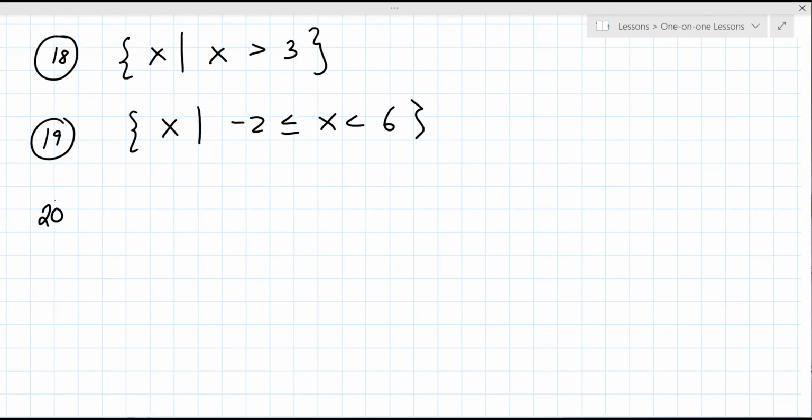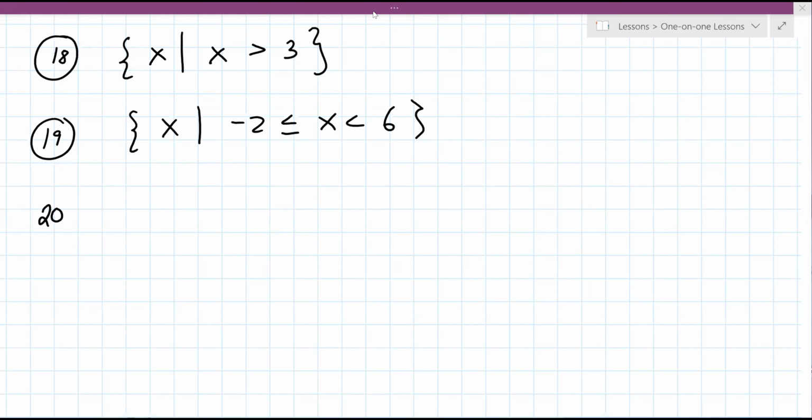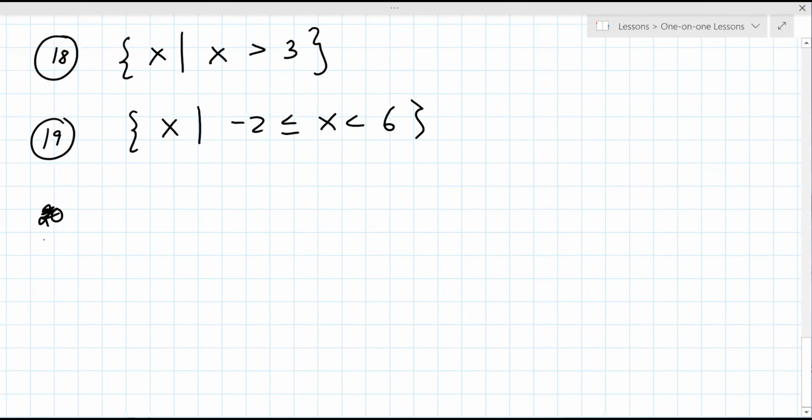Right, now we move on to number 25. So 25 says to determine the domain and range of each relation. The reason it's a relation is that you're given a set of ordered pairs. You don't know whether it's a function.